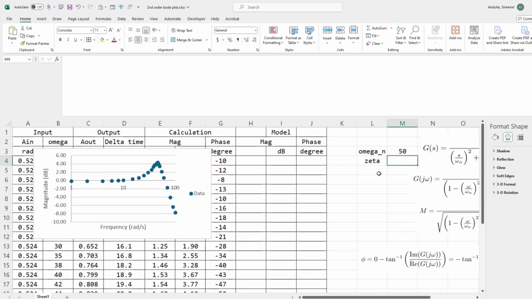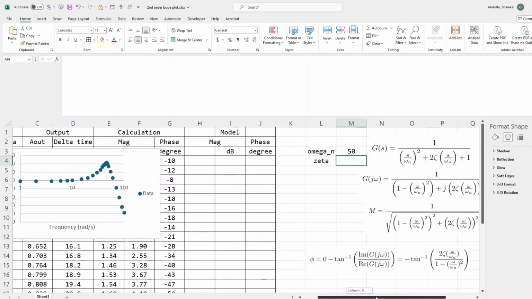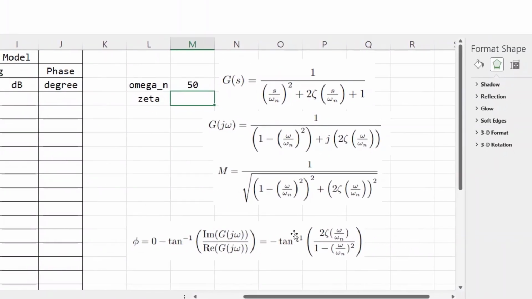And now to find zeta, you can go back to the magnitude equation. If you were to find the magnitude at omega n, what would you find? In this equation, this becomes omega n over omega n, so you cancel to become 1. This cancels to become 1.